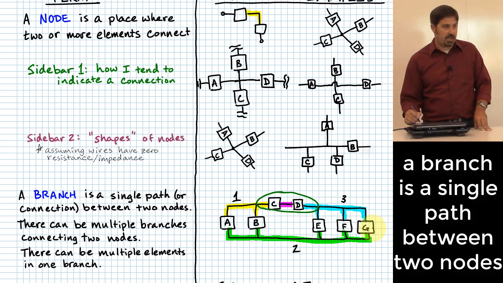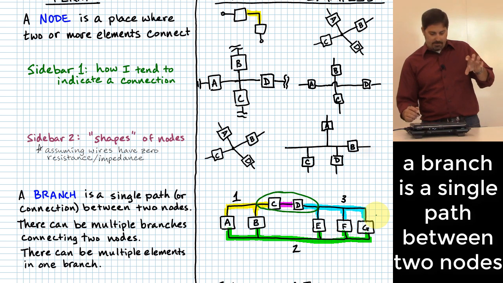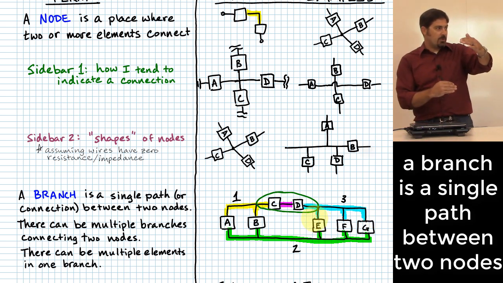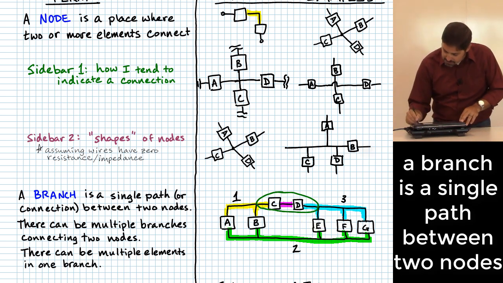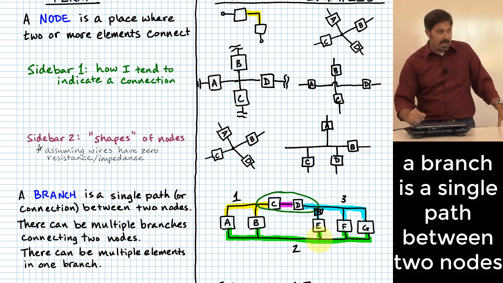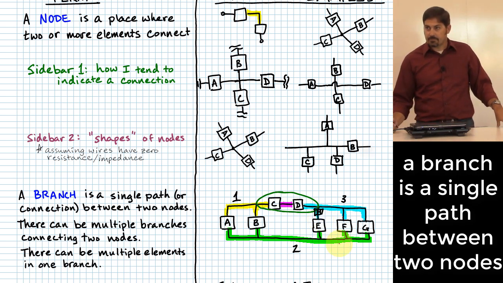E, F, and G. Could I make any one of those, E, F, or G, could I add, let's say, another element in that line and still have just one branch? Yeah, I could. Like I could put another circuit element right here and call that H or something like that. That would still just be one branch. The combo of H and E would be one branch for you to go from 3 to 2. Okay? With me on that?